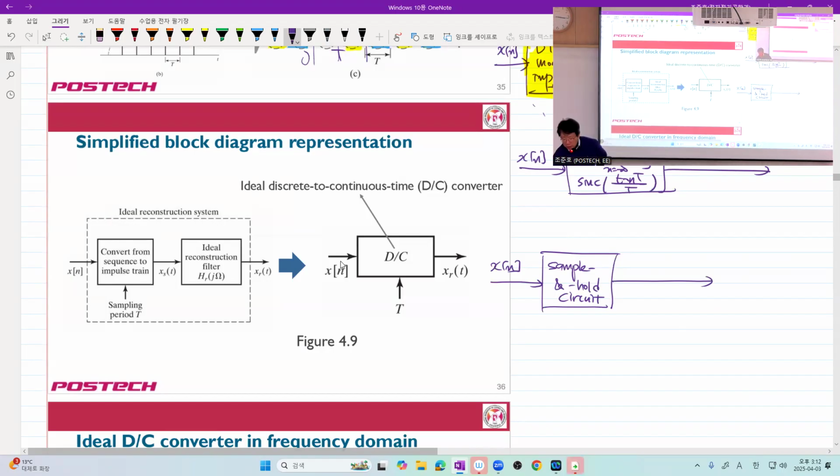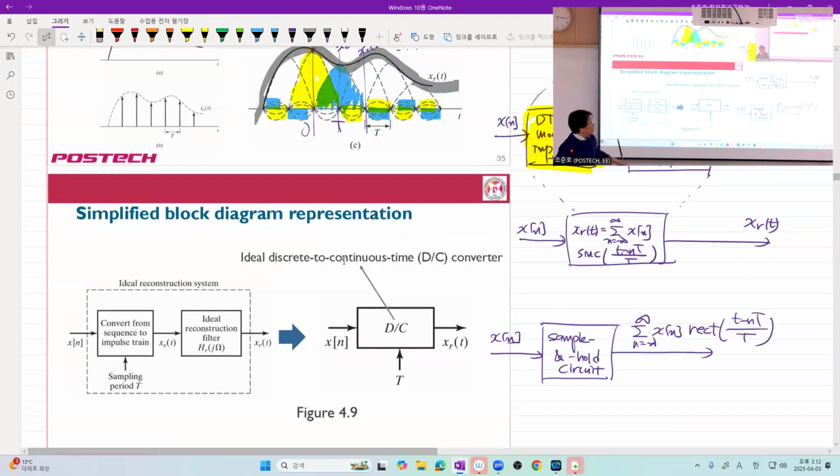Here, you have something like this. And it's very similar to the previous one, except that you have a rectangular pulse. But actually, if you plot this one, what you will see is something like this.